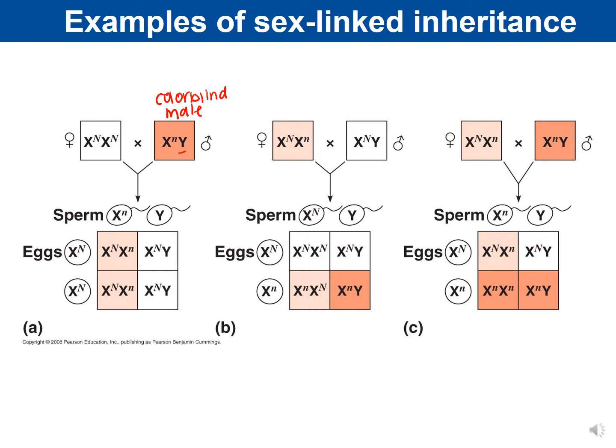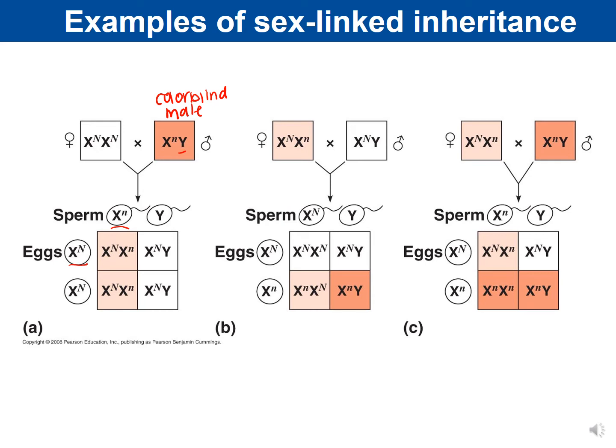And then if this sperm is fertilized by this egg, in this box inside the Punnett square, you're going to put both of those alleles, which is why this is X big N, X little n.